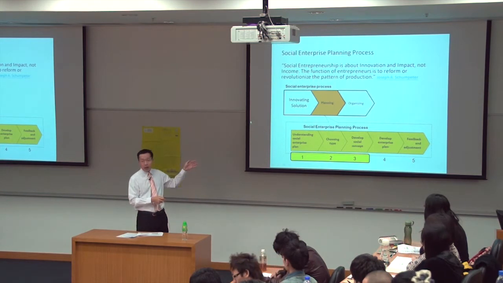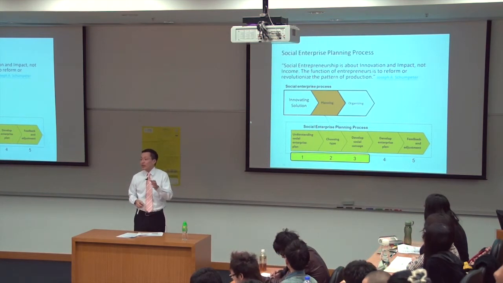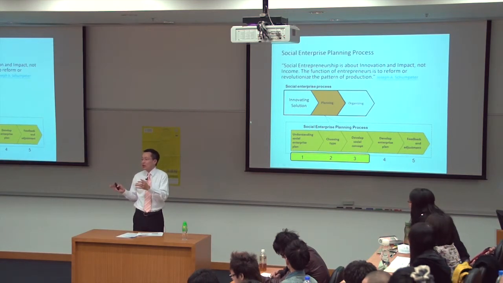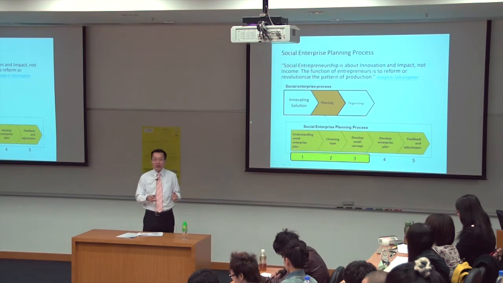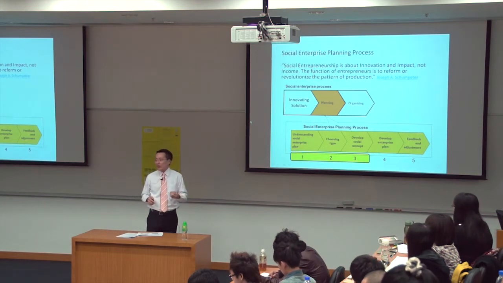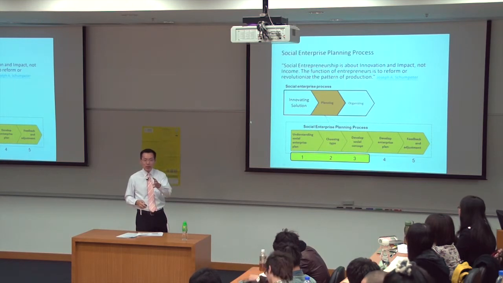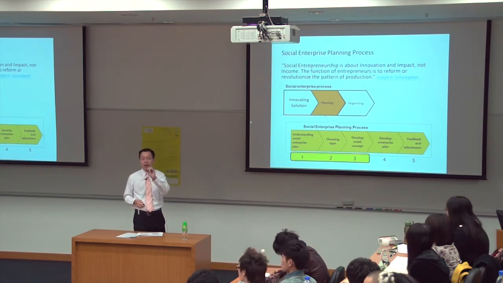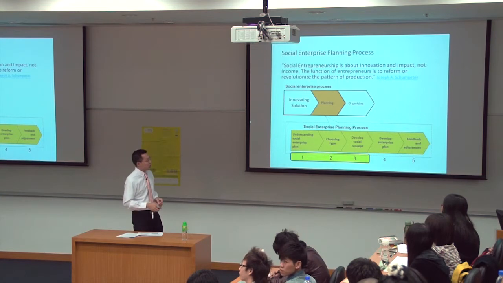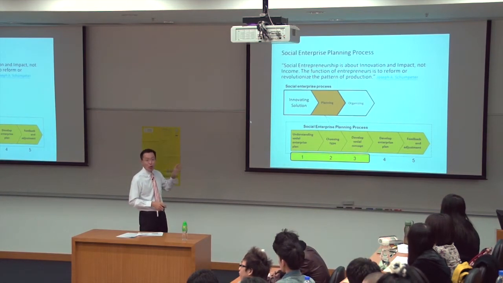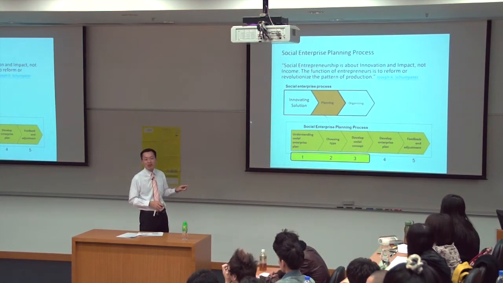So for whatever social enterprise business plan, you need to address your resources, infrastructure, your key partners, your activities, and then you try to develop them into some product or service that can match the needs of your customer. So we will go over that in detail in the first session.